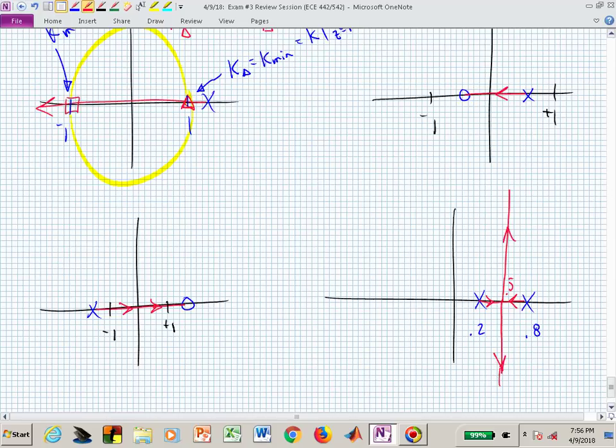I had some questions asked on the quiz, and one said, if you have two poles on the real axis and no finite zeros, which breakaway line belongs to each pole respectively? I think the question was, is it that? Or does the left one go up and the right one go down?